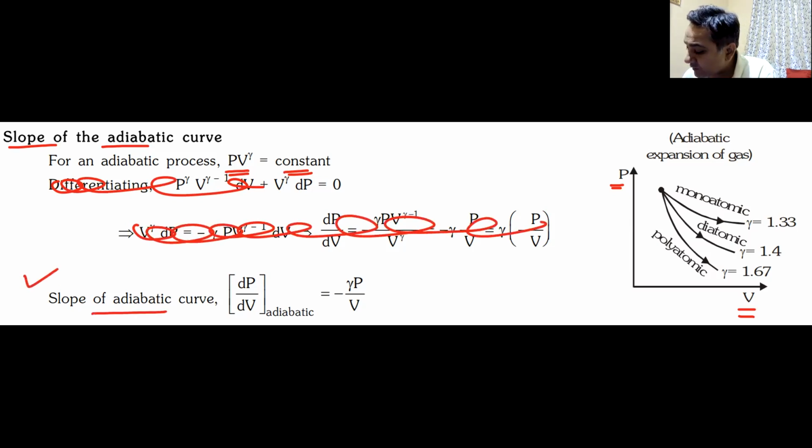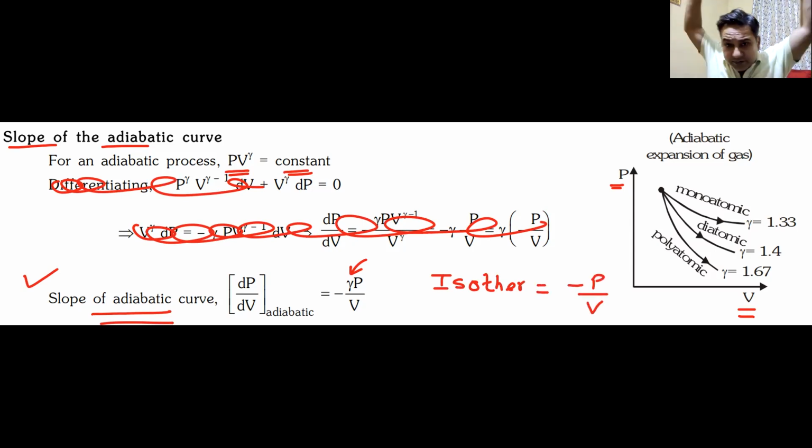We just need to understand the slope of the PV graph for an adiabatic process, which is equal to minus gamma times P by V. If I talk about an isothermal process, the slope is minus P by V. Do we remember this? That means the slope of the adiabatic curve is gamma times the slope of the isothermal curve. Do we understand this?